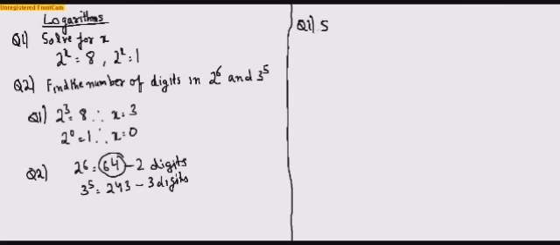Once again, you have to solve for x. But this time the expression is 2 to the power x equal to 5. And in question number 2, once again you have to find the number of digits.